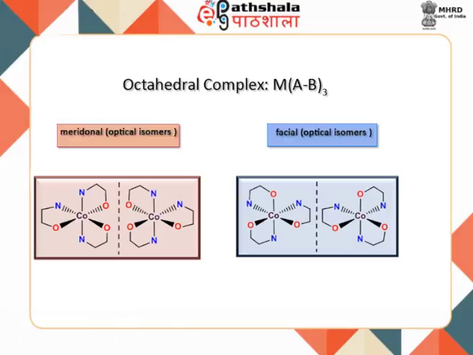Thus, the octahedral complexes containing bidentate or higher chelating ligands can form optical isomers. As you can see, the tris glycinato cobalt 3 complex is chiral. The nitrogen and oxygen of one ligand can be cis or trans to the nitrogen and oxygen of another ligand. Thus, 4 stereoisomers are possible for this complex.